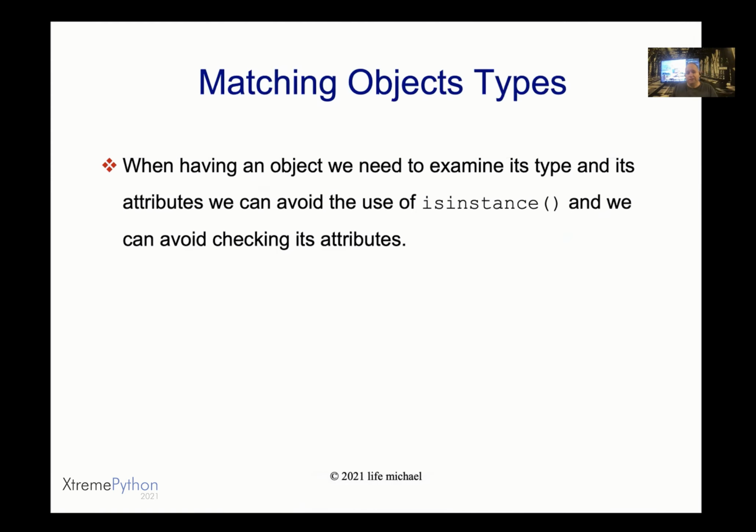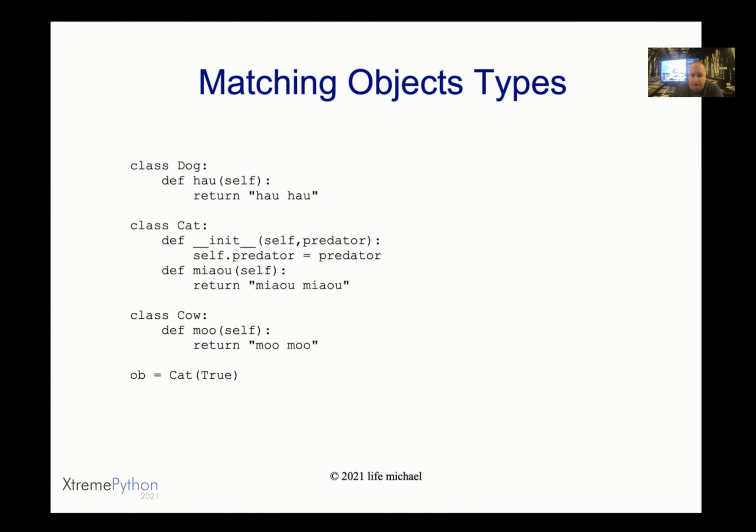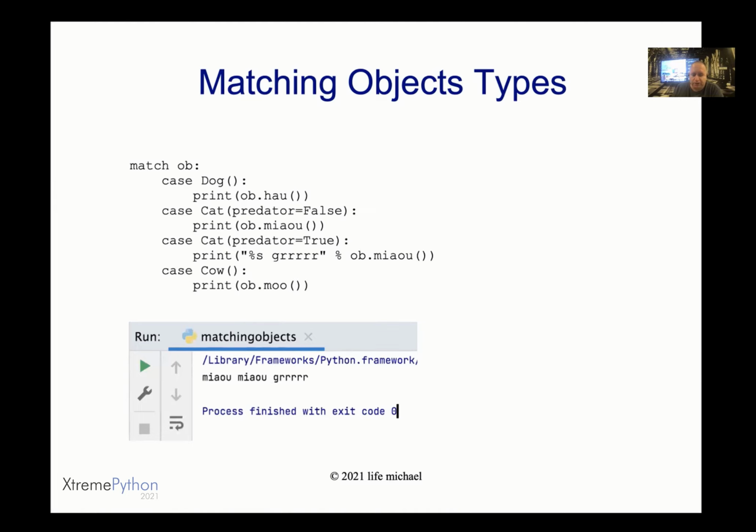Now, it seems that we can use structural pattern matching to avoid detailed code that checks the type of a specific object we have. We can avoid the use of isinstance by simply using a match statement that compares the object to specific objects created from specific classes.